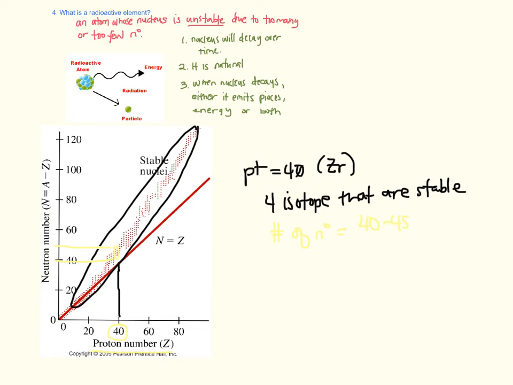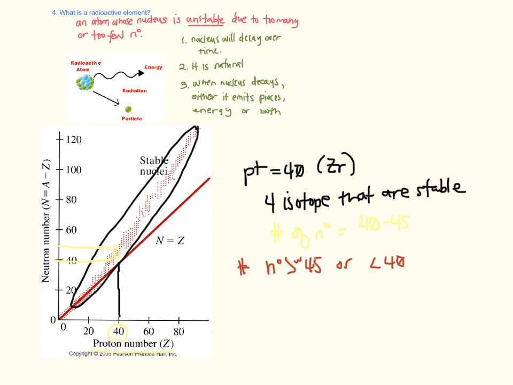So once you get above or below that, if the number of neutrons becomes greater than, say, around 45 or less than 40, then you're outside of the band of stability, and those isotopes of zirconium become unstable, and those are radioactive isotopes.